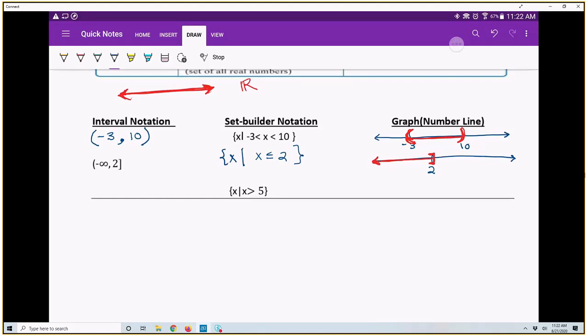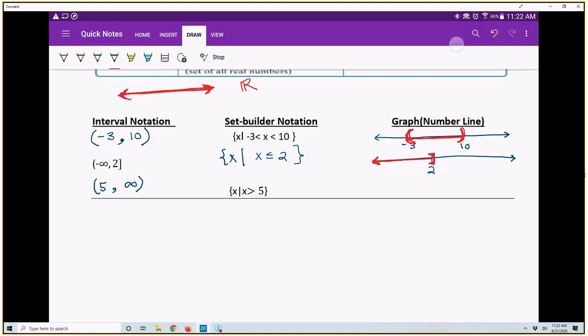And in the third example, my set builder notation says x such that x is greater than 5. So I know that that should be starting at 5 and going to infinity. Infinity is always open, so I can go ahead and put in that parenthesis, and then I ask myself, because I have x greater than 5, should 5 be included?